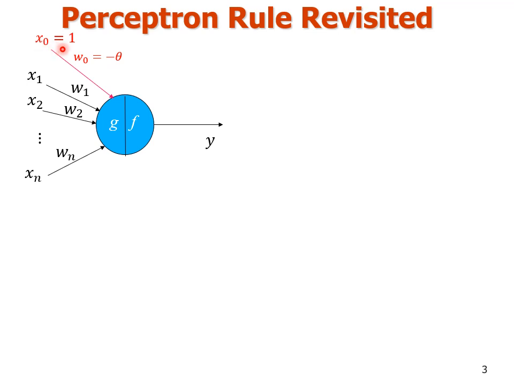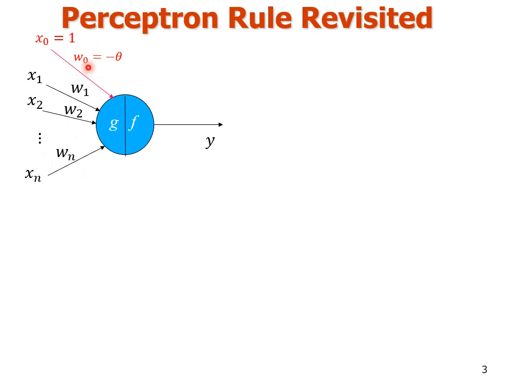X0 is always equal to 1. So, we are having n plus 1 inputs, and every input is associated with a weight W0, W1 up to Wn. So, we are having now two vectors x and w comprising of n plus 1 elements.